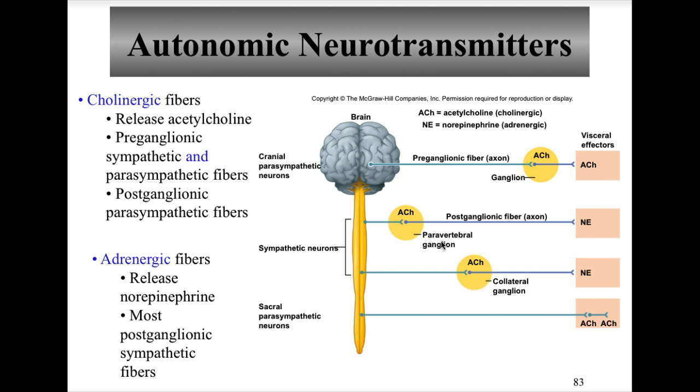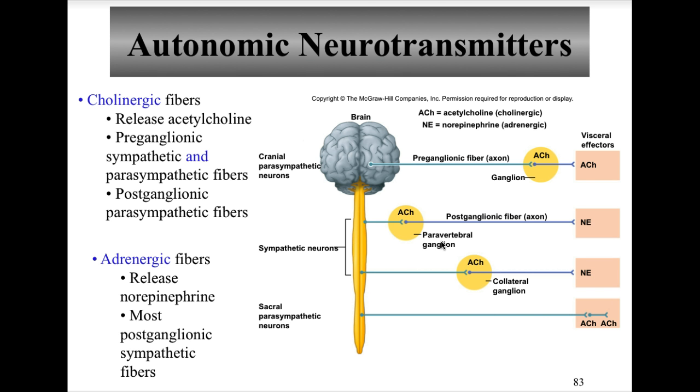So the autonomic neurotransmitters are going to be acetylcholine, which is going to be released. Cholinergic. Okay, the correct pronunciation of that would be cholinergic fibers.